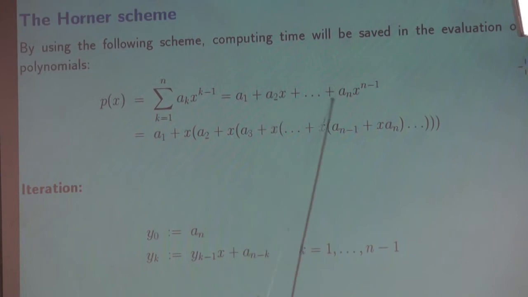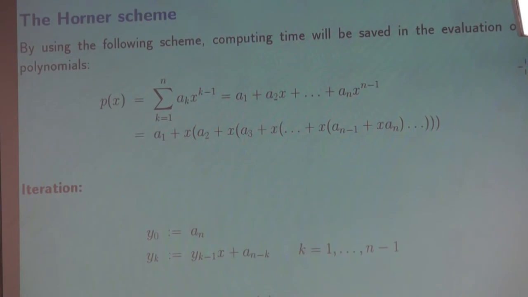There are n multiplications, but then there are these exponential operations which are very expensive. If you do it naively, then for x power n minus 1, you have to do n minus 1 multiplications. So the complexity of evaluating this naively is quadratic in the degree of the polynomial.